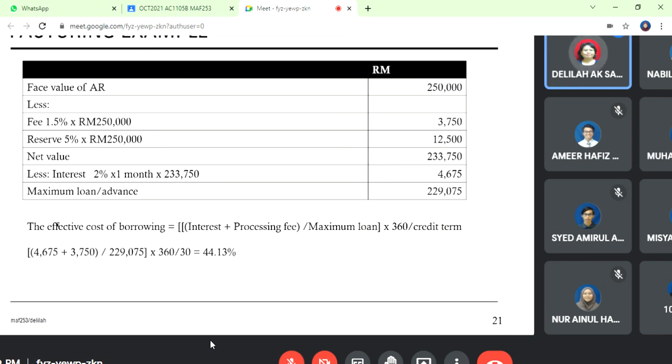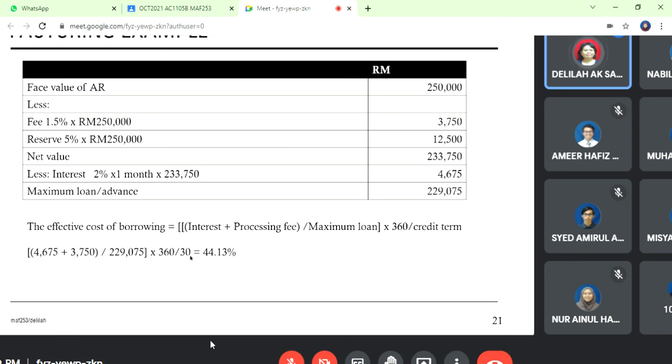So how much is the effective cost of borrowing? Okay, it will be the interest plus the processing fee, divided by the amount that you receive, 229,075. Okay, you are borrowing for 1 month, 30 days.